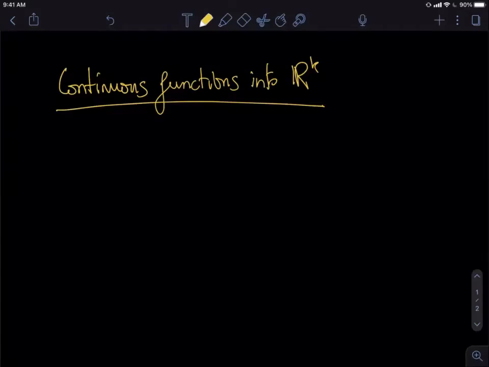In this video, we are going to discuss the continuity of functions that go from some metric space X into Rk.